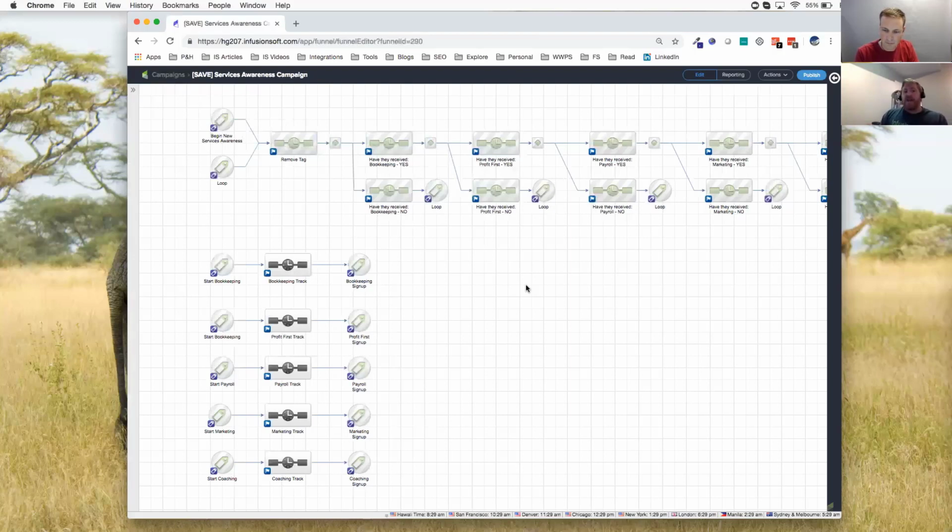But if you already came in because you started doing payroll with her, then it makes no sense for you to be added into this track, right? So in essence, if you started with payroll, you would need to get bookkeeping, profit first, skip payroll, go to marketing, and then go to coaching, right?